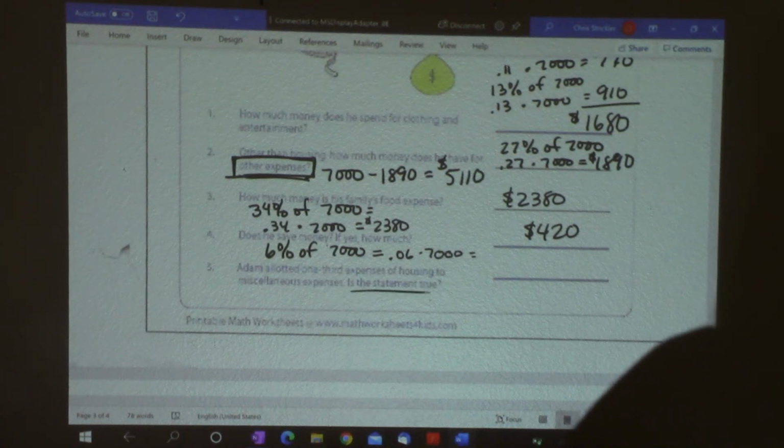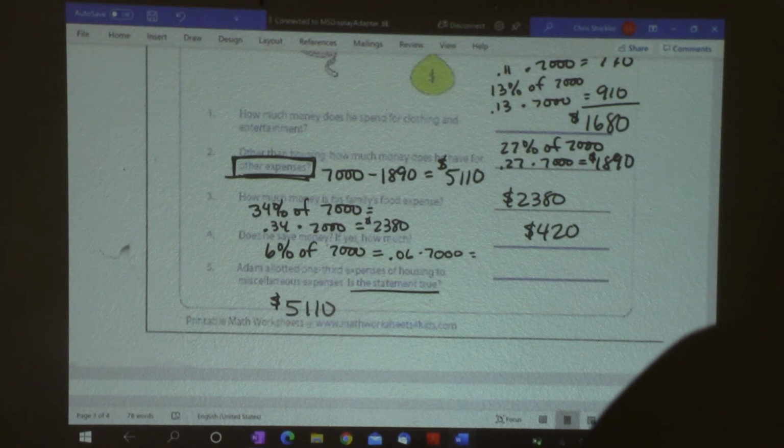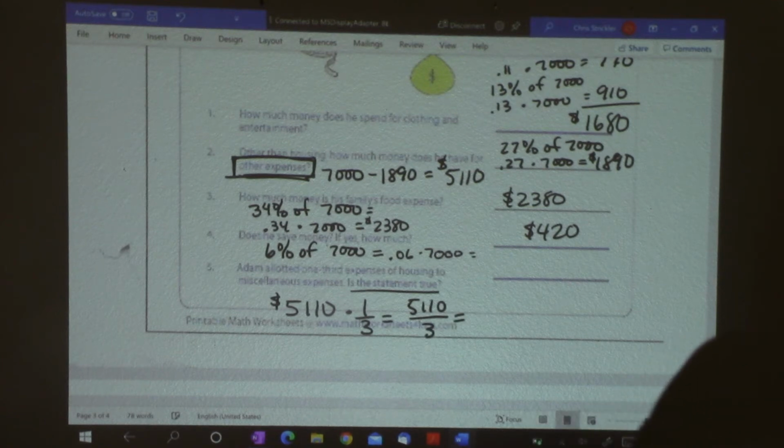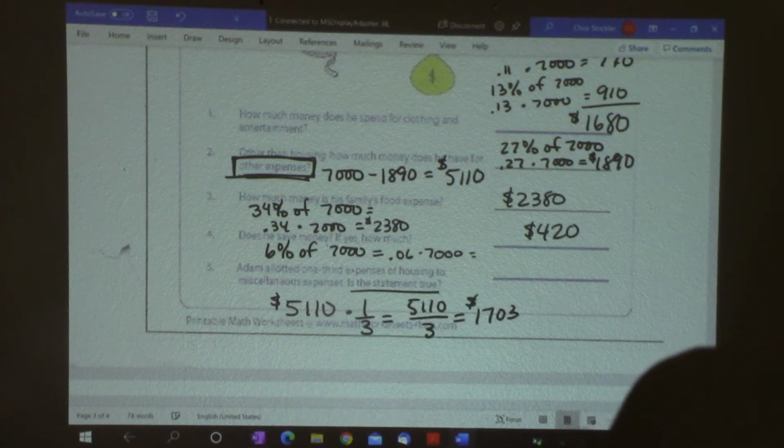Is that true? Well, let's find out. Housing was $5,110. Okay? 1/3 of that. Well, let's see. What is 1/3 of that amount? If I figure that out, 5,110 divided by 3 is about $1,703.